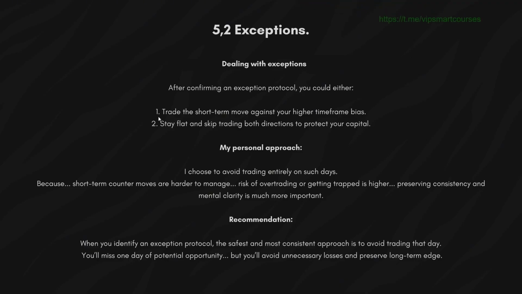First, you could trade it, meaning you trade the short-term move against your high time frame bias, but only if it's backed by a proper context on the 4-hour and there are proper confirmations on the lower time frames. In that case, you could trade it.